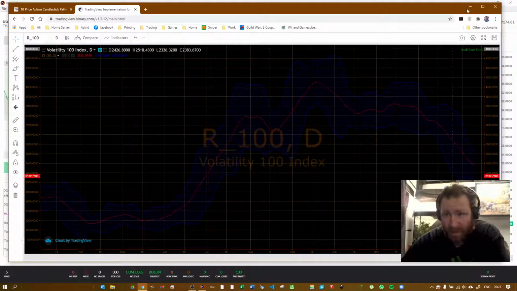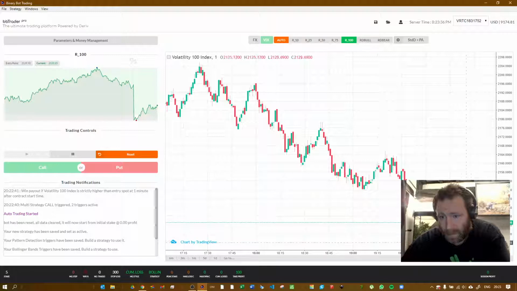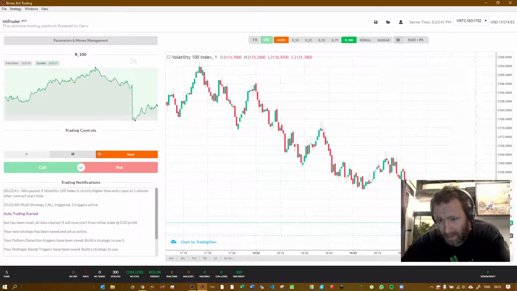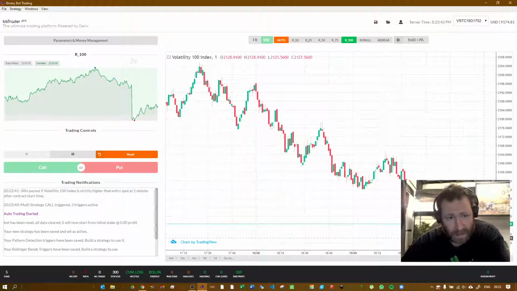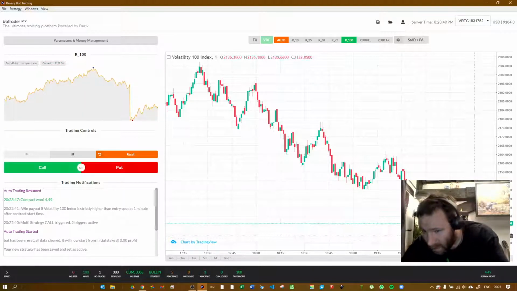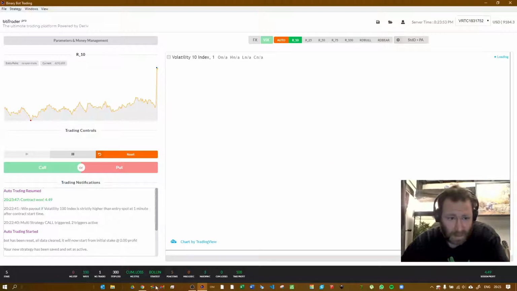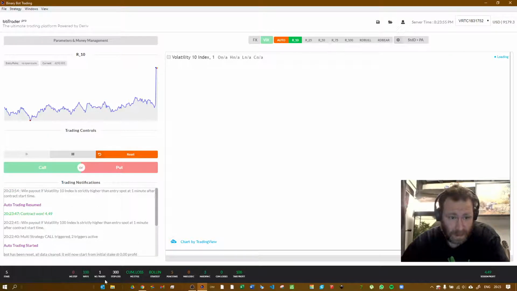Well, the joys of TradingView with binary.com. Anyway, it's quite clear looking at this pattern here. It's quite clear that this broke through the Bollinger Band, and the pattern detection is doji, I think. Looking at that, and that was in the money, that trade.